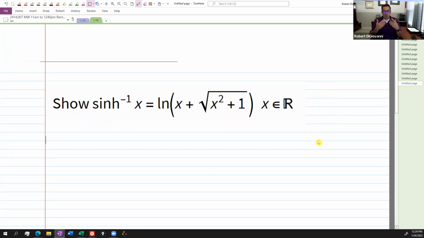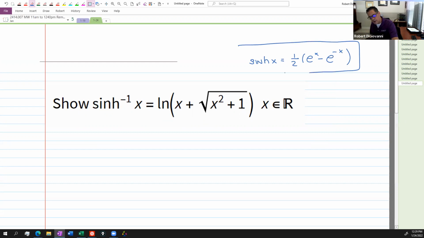This is just me trying to convince you that this is true, all right? The one thing we need in order to do this is to remember what sine hyperbolic of x is, which here was the definition. Right, that's what sine hyperbolic of x is. And now I try to show you that the inverse of this function is this function.